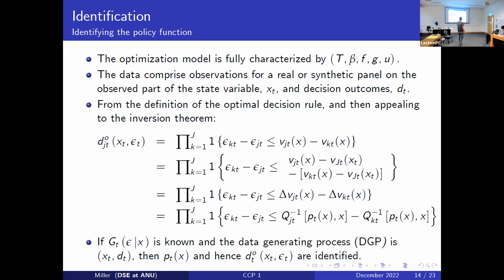The reason why this is identified is because we're using the inversion theorem, which is obviously dependent on the functional form of the epsilons that you've already baked into your model. Put it another way, the model is not identified if you don't say what the distribution of the epsilons are, and don't put any other restrictions on them.